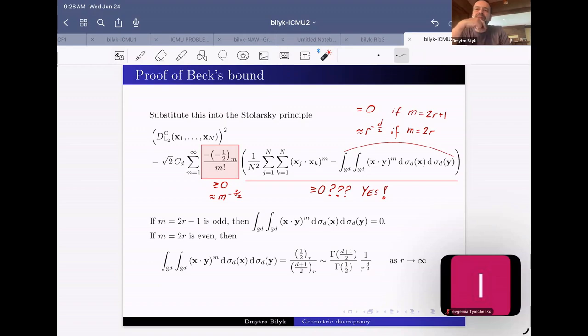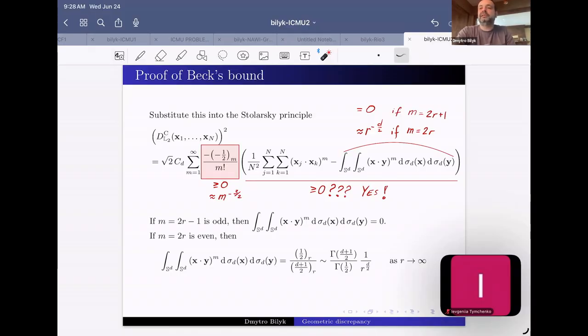It's a direct computation. It would involve some gamma, beta functions, but it's not super hard. Again, everything so far is at the level of calculus, as I promised. So we have this representation where you have positive coefficients which decay of the order m to the negative 3 halves.